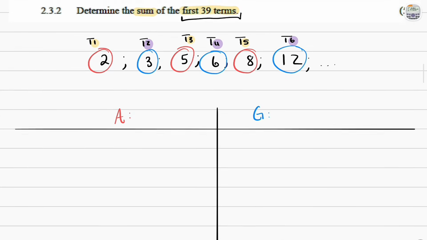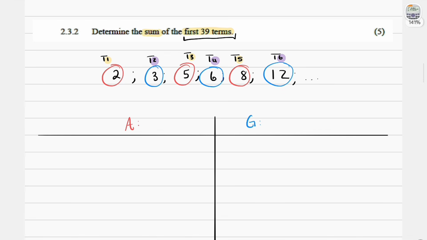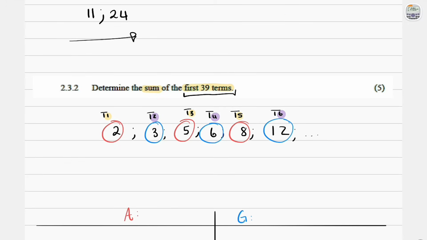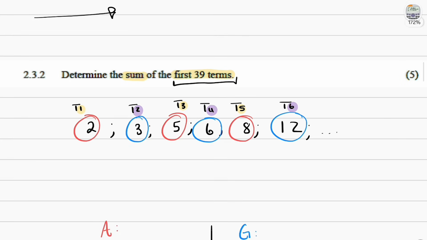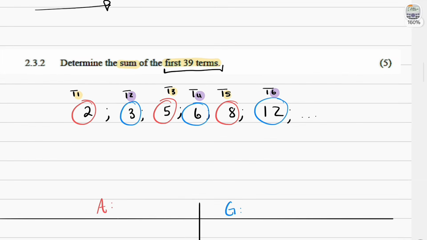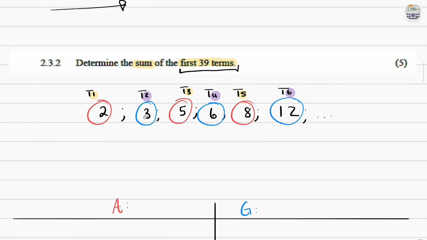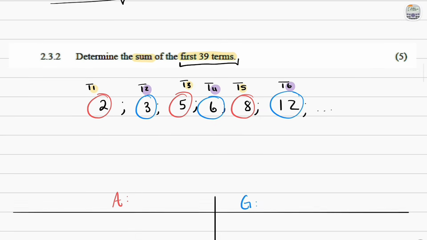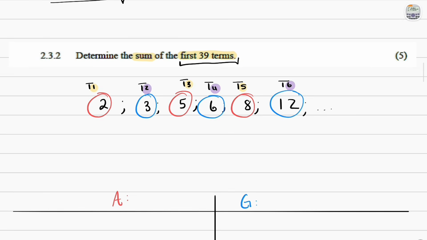So we can see that if we have 39 terms in total, let me get more space. Yes, these are their positions based on this pattern, but remember that they form a different pattern when you look at them as these are the terms in your geometric pattern and these are the terms in your arithmetic pattern.